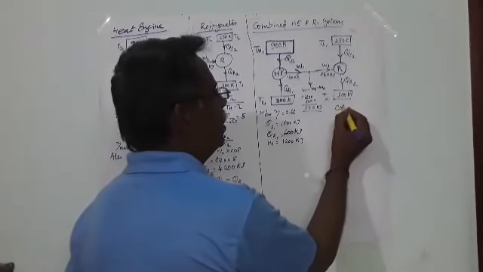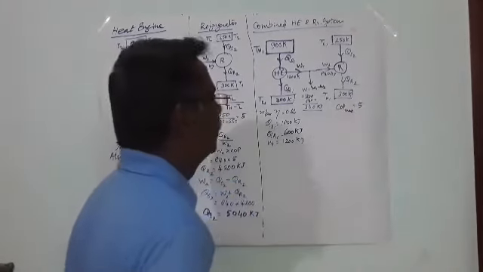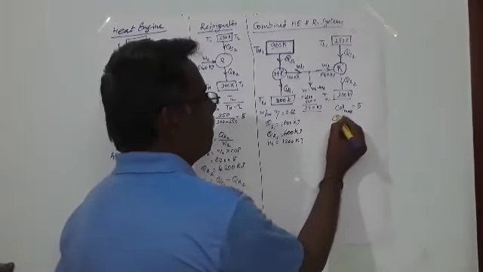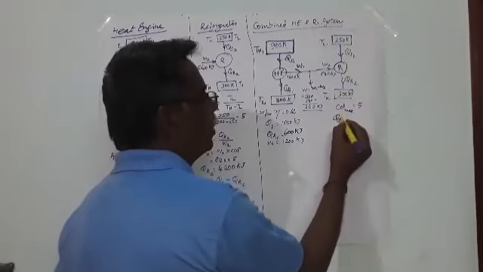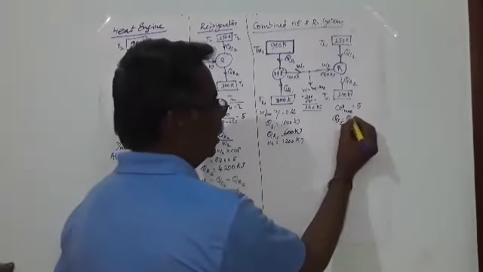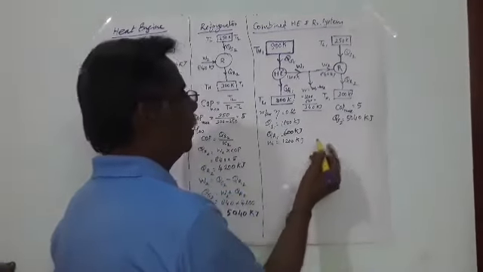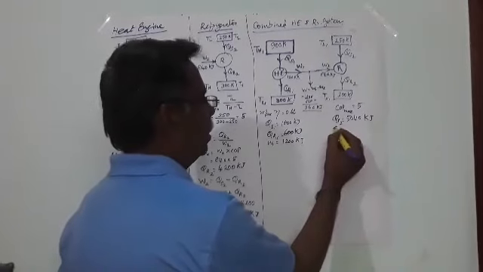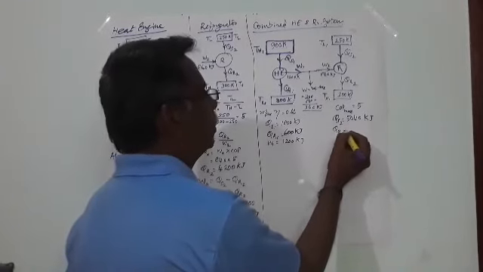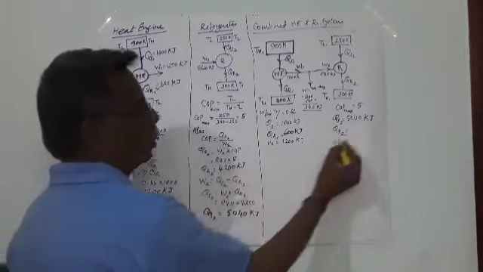So here the maximum COP of the system is 5. Heat extracted from the low temperature body QS2 is equal to 5040 kilojoules and QR2 is equal to 4200 kilojoules.